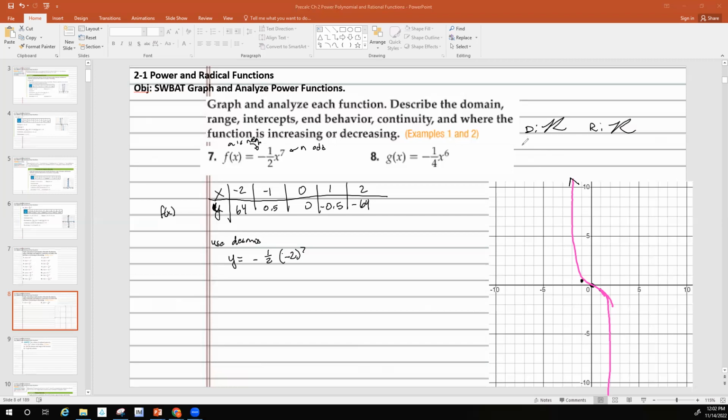Intercepts, it intercepts at x equals 0 and y equals 0. And behaviors, so f of x goes to +infinity as x approaches negative infinity, and f of x keeps going down to negative infinity as x approaches positive infinity as you go to the right.